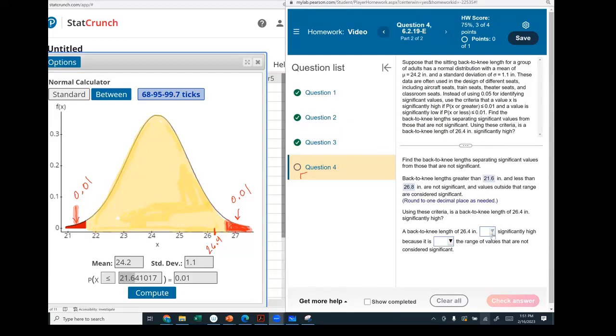So this is not significantly high because it is inside the range of values that are not considered significant. Out here, this is significant. And this is significant. The red is significant. The yellow is not significant. So it falls inside. We hit check.